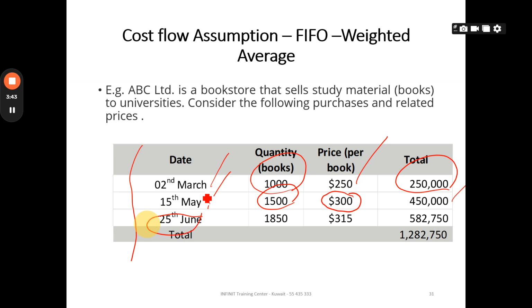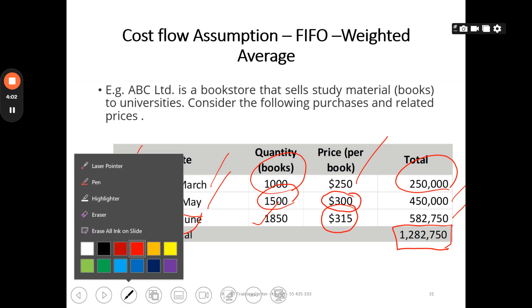On 25th June, again they purchased 1,850 units and the cost now is 315. So the total is 582,750. Now you can see the total is 1,282,750. This is the total cost of purchase.